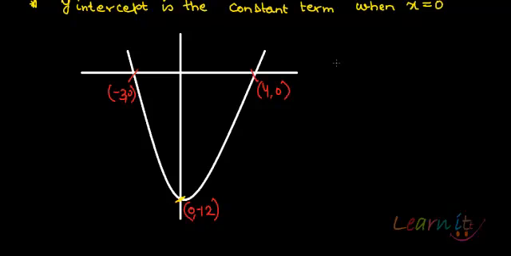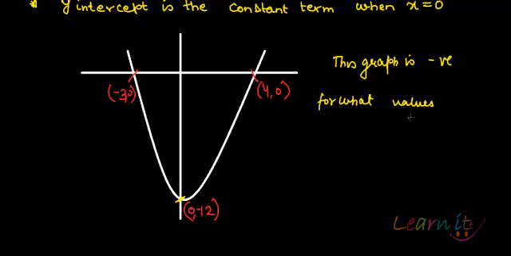Okay. Now, this graph is negative below the axis. Now, for what values is x square minus x minus 12 less than 0?